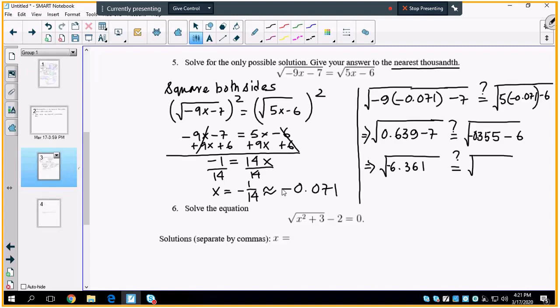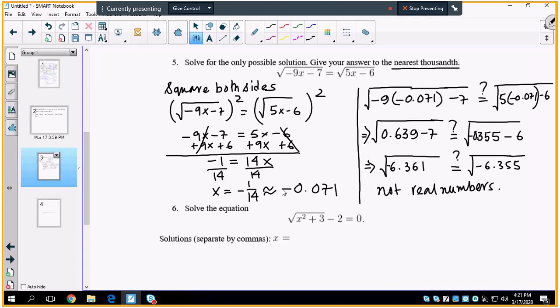Both of them are negative, so I will get minus 6.355. At this point, I'm not going to even be worried about simplifying it any further. Why? Because on both sides you have square roots of negative numbers, which are no longer real numbers. So the equality that we were trying to check is not going to happen anymore.